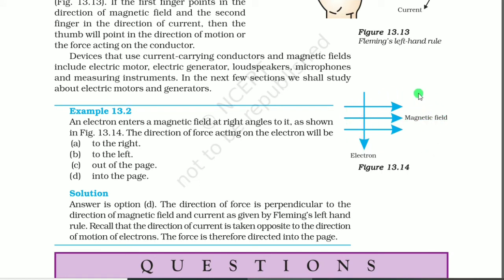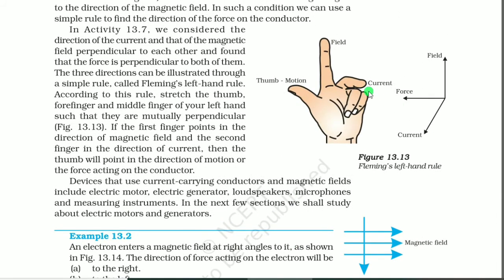So in this figure the magnetic field is in the plane of the page, from left to right. So we know the magnetic field is indicated by the index finger. So you have to move your index finger from left to right. Then the direction of the magnetic field and the direction of your index finger will coincide.